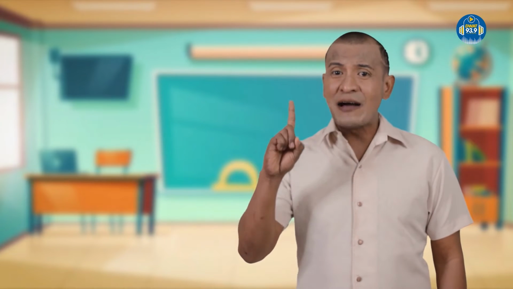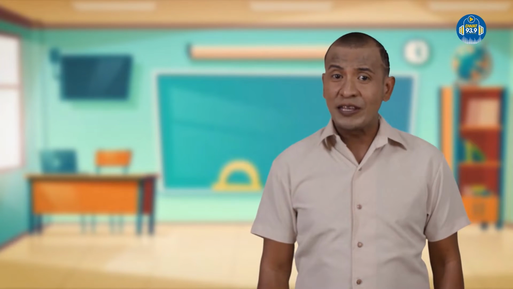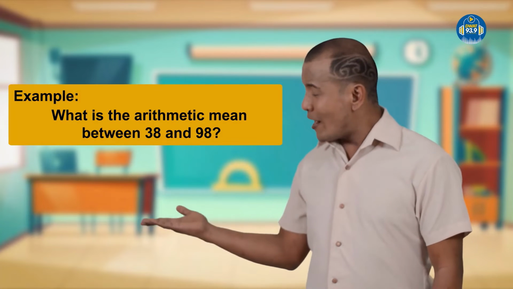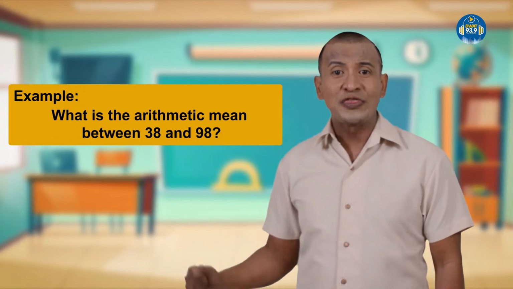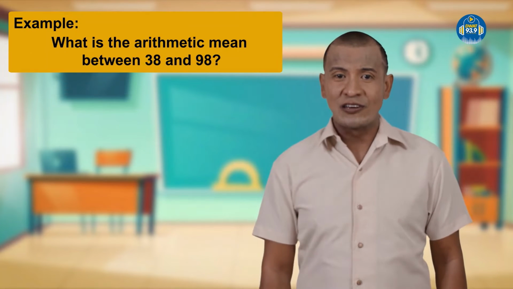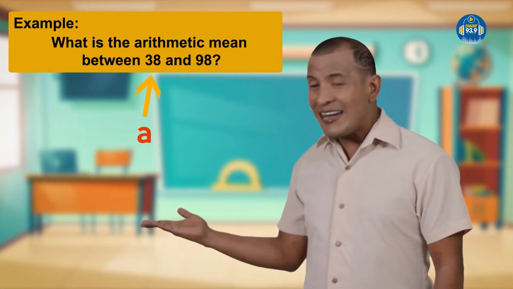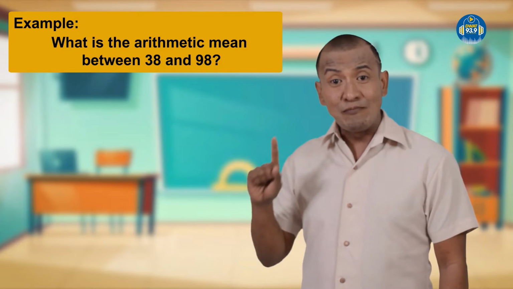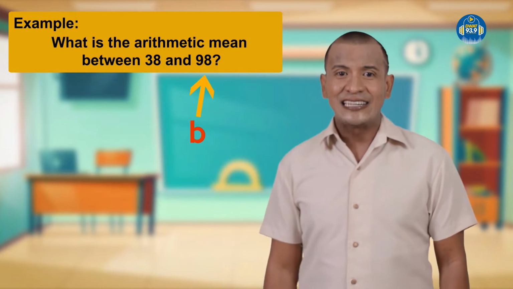Let us show one example of inserting one arithmetic mean. What is the arithmetic mean between 38 and 98? Let us look into the solution. Let a equals 38 and b equals 98.